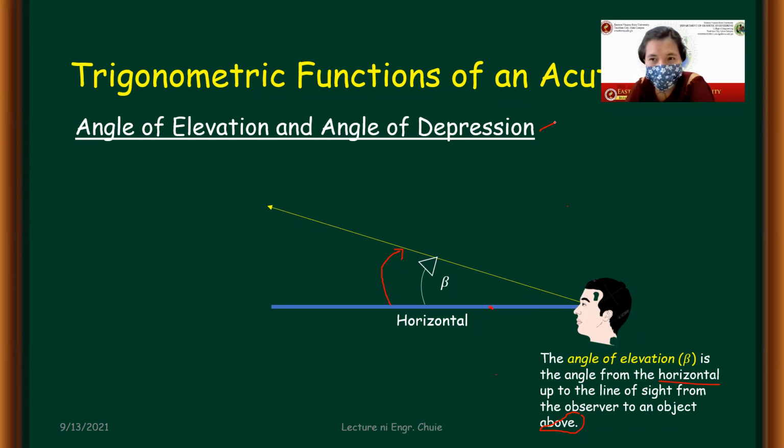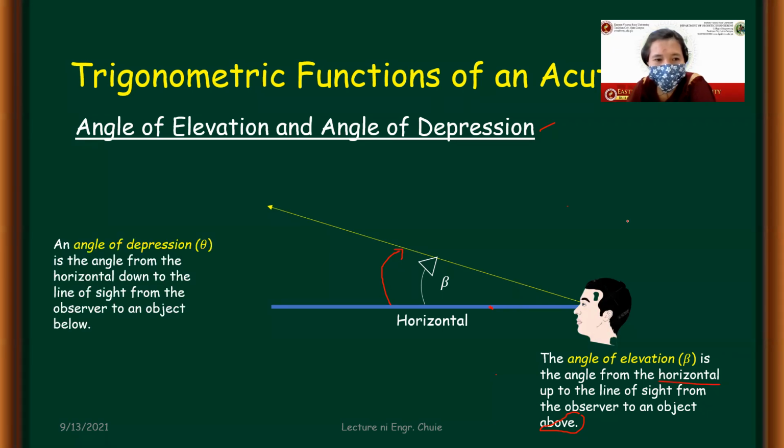So how about the angle of depression? Of course, it is just the opposite. The angle of depression is the angle from the horizontal, of course it also has a horizontal, down from the line of sight, from the observer to an object below. So the angle of elevation is above, and the angle of depression is below.